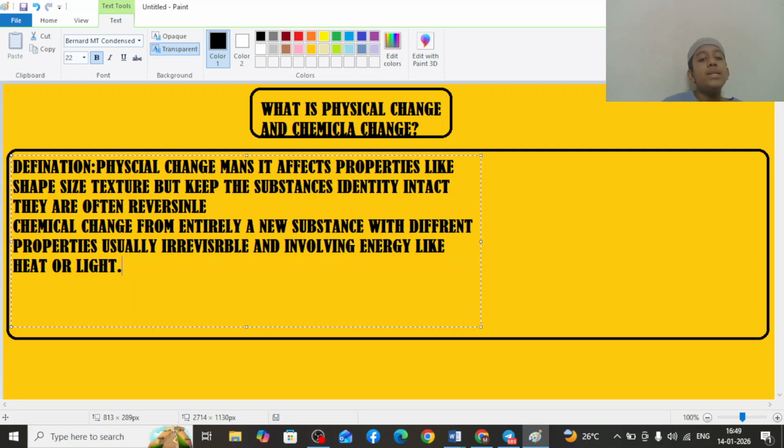Now, energies like heat or light. From heat you can see the properties get changed. The phase, the size, the shape, the texture get changed. That is called heat. Now light. What is light? When you put water on the light, the light gets damaged and won't work.